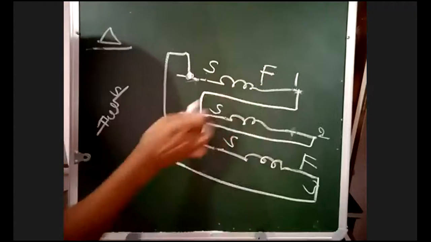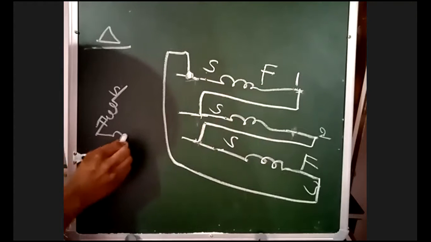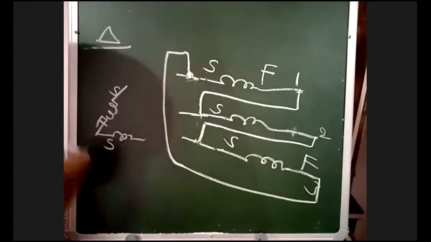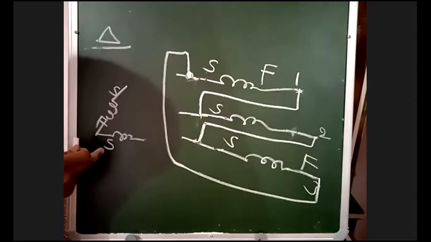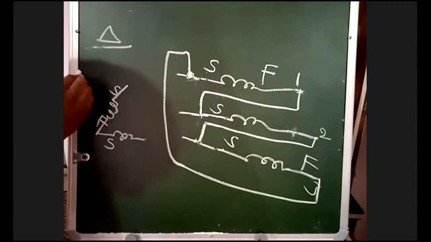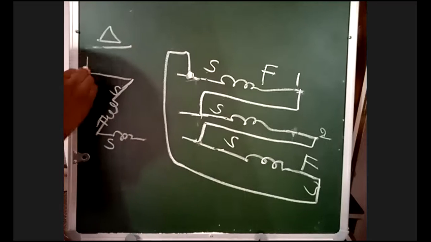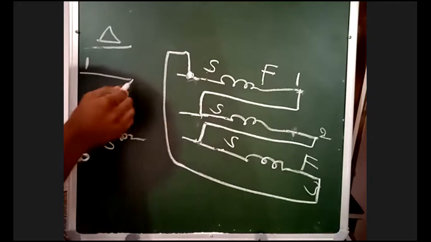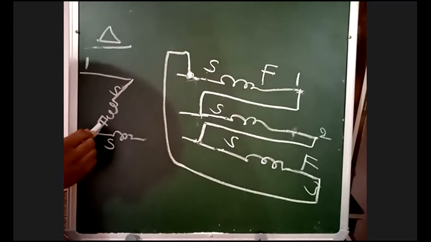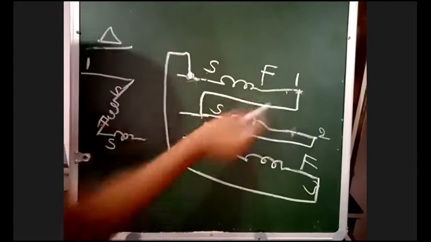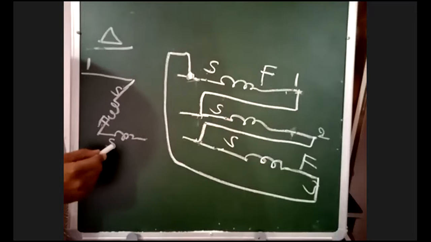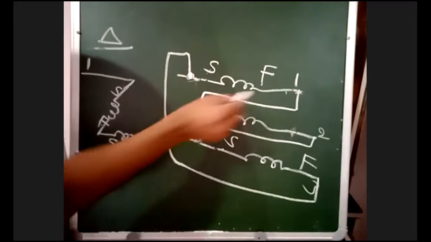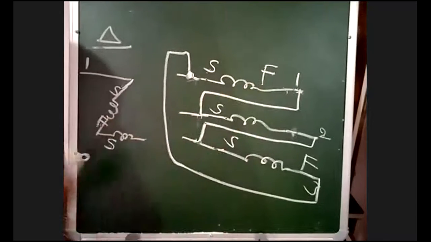The finishing is connected to the starting of the second coil. Let us take this is phase 1. Finishing end of the first coil is connected to starting end of the second coil.